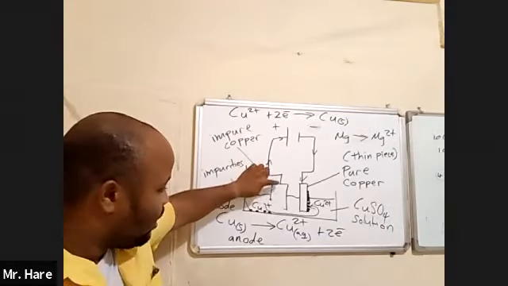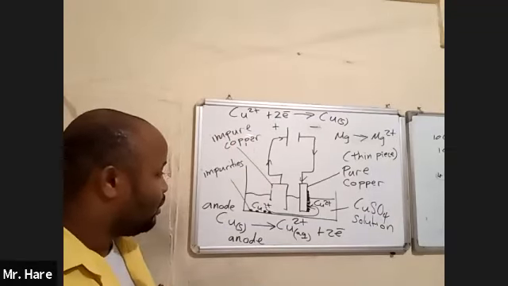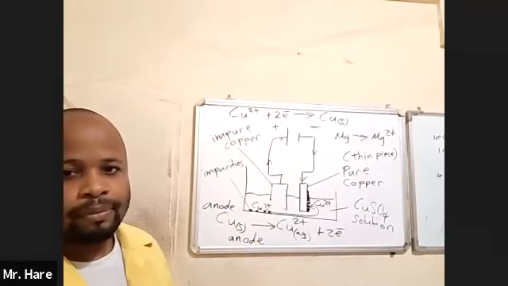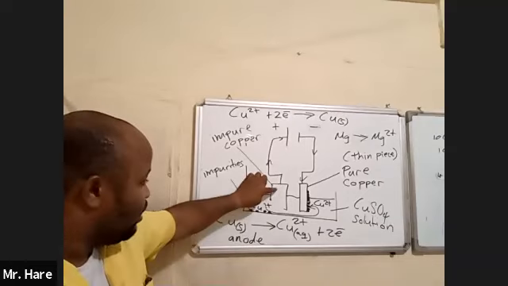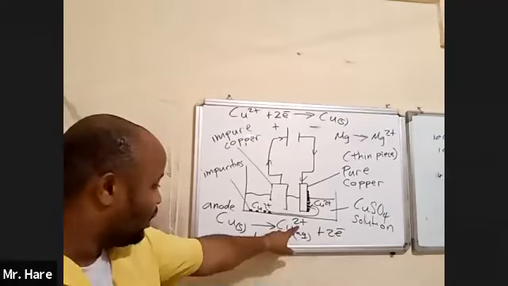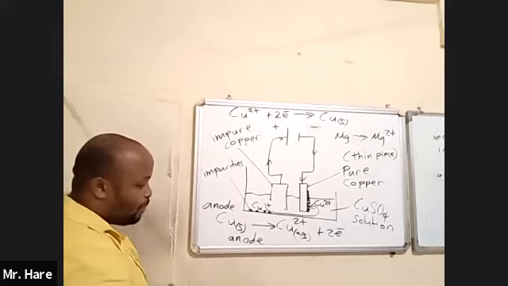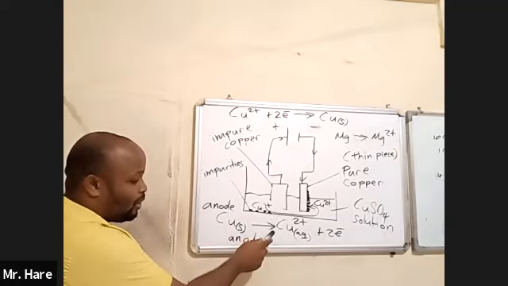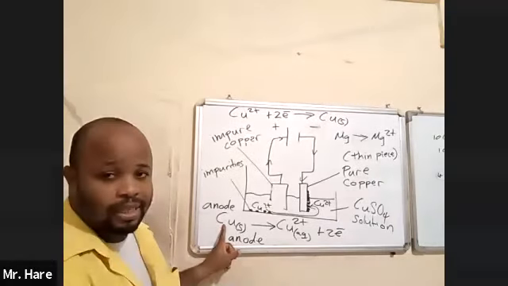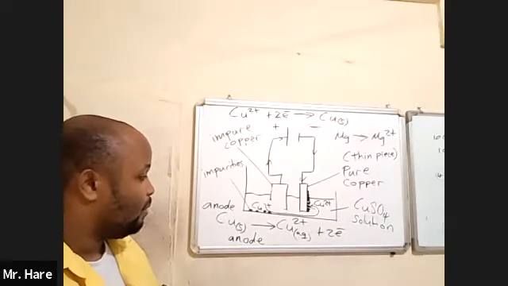It is the same thing that is happening to the impure copper. When you put it in the solution, it is being oxidized to copper ions. So at the anode, your impure copper is being oxidized to copper ions. This is the equation for what is happening at the anode in the purification of copper: the copper atom is oxidized, so you get copper ions plus the electrons.